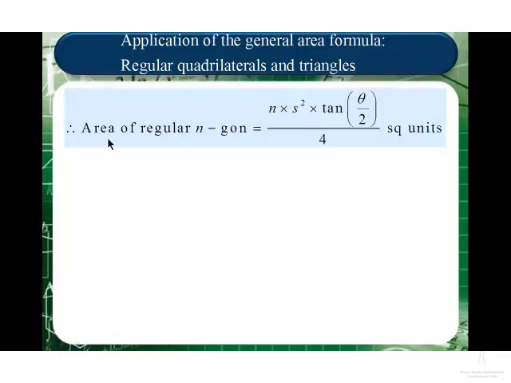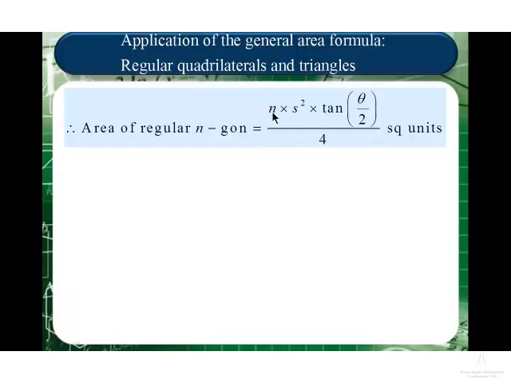We will conclude this section by looking at an application of the general area formula for regular polygons that we have considered in the previous slide. In this slide we will particularly look at the regular quadrilaterals and triangles. So, the area formula once more for a regular n-gon that we have developed is given on the screen.